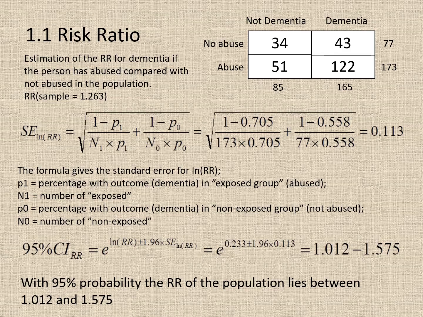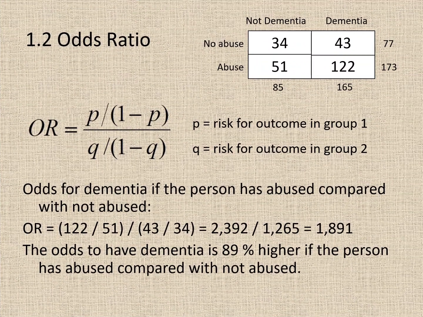Odds ratio. Formula there. But as I said before, the odds is the frequency of individuals with the outcome divided by the frequency of individuals without the outcome.